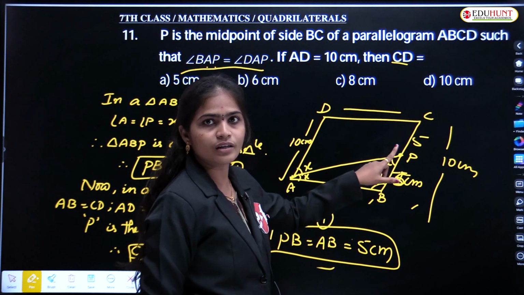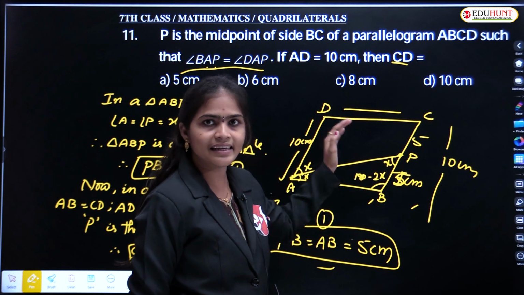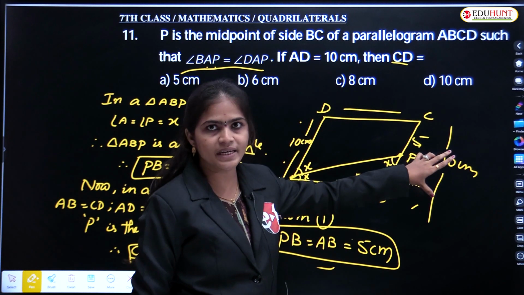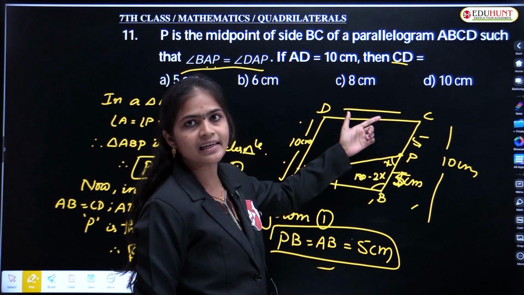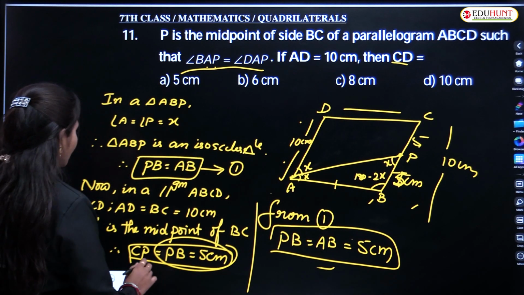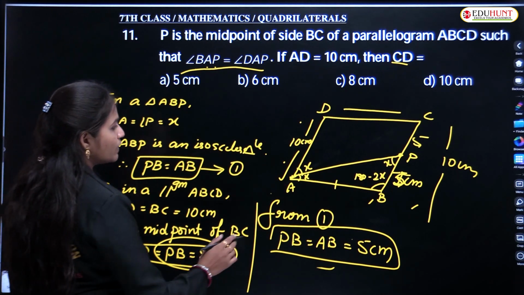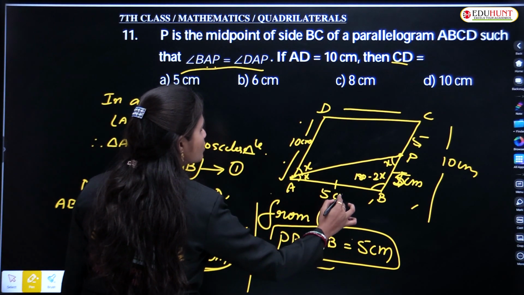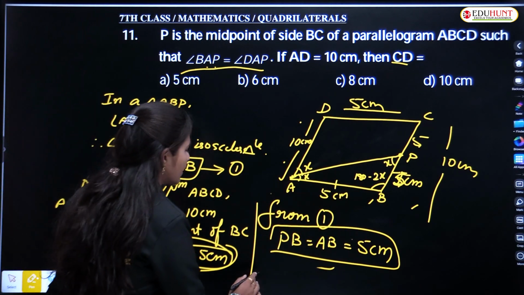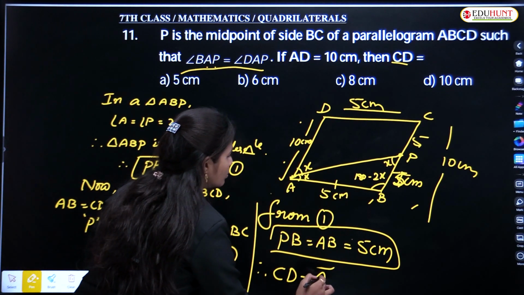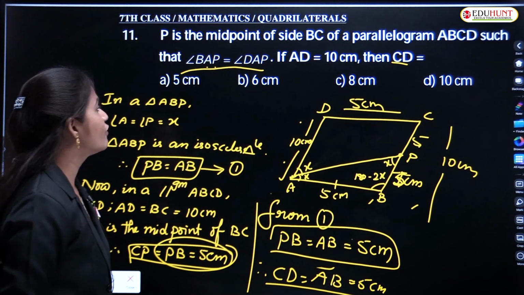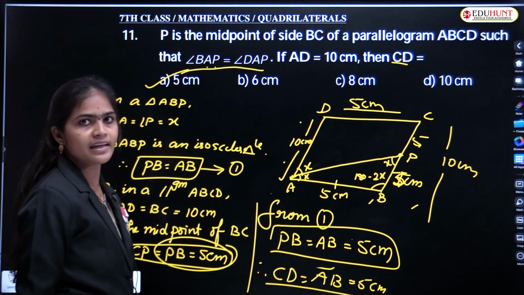In a parallelogram, opposite sides are parallel and equal. AD is parallel to BC and equal to BC, and in the same way AB is parallel to DC and AB is equal to DC. So CD is also 5 centimeters. Finally, CD is equal to AB is equal to 5 centimeters. Our answer is 5 centimeters, so option A is correct.